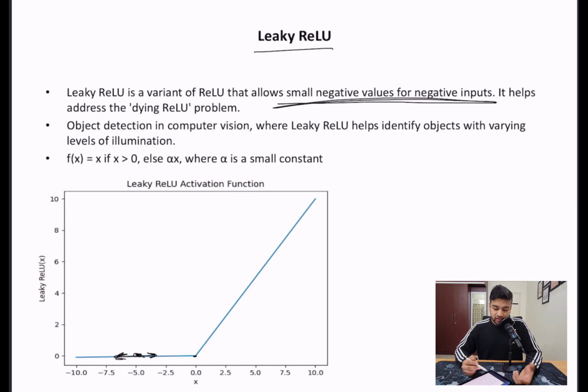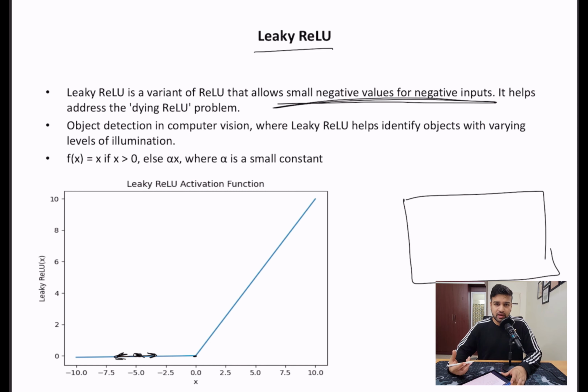So where does leaky ReLU come into use? Object detection in computer vision is something that leaky ReLU is good at, because leaky ReLU helps identify objects with varying levels of illumination. So what does that mean? A lot of the times in computer vision, we do not have brightly illuminated images, right? And this is very common.